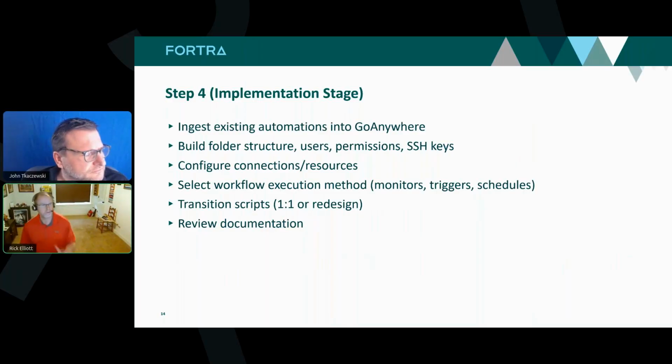This was a system that I just got through doing a transition for a current customer, and they have all of these automations. One of the things we can look at doing is ingesting that. We want to look at those jobs, pull the information out of those bash scripts or batch scripts or cron jobs, whatever they are, and convert that into GoAnywhere, which has multiple ways to make that happen.